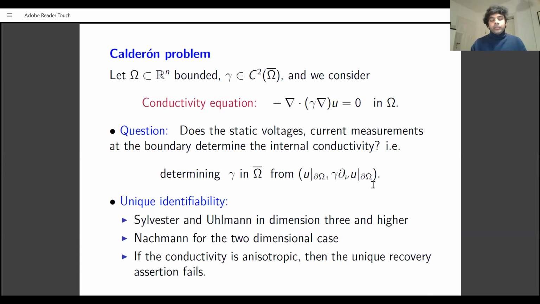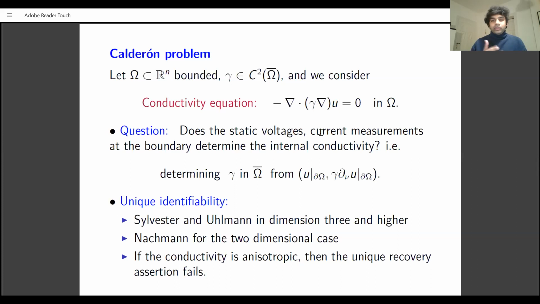For dimension 3 and higher, this result is due to the seminal work of Sylvester and Uhlmann. For the 2-dimensional case, this is also true, and this is due to Nachman. But if the conductivity is anisotropic, so the function gamma is not isotropic, then the unique recovery assertion fails.